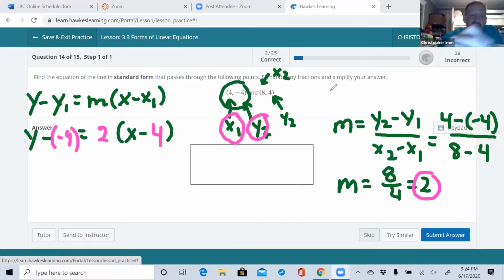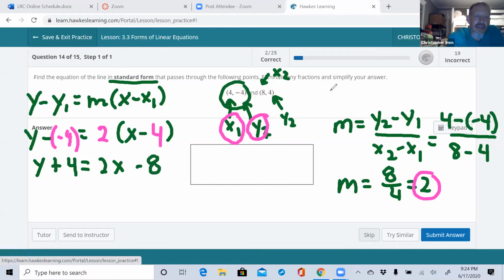So notice that it says it wants this equation in standard form. So it wants it in y is equal to mx plus b form. I'm going to go ahead and try to solve for y. So I have y plus 4 is equal to 2x minus 8.